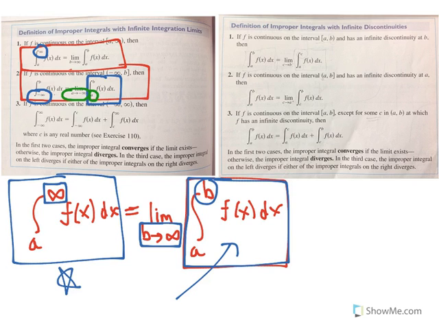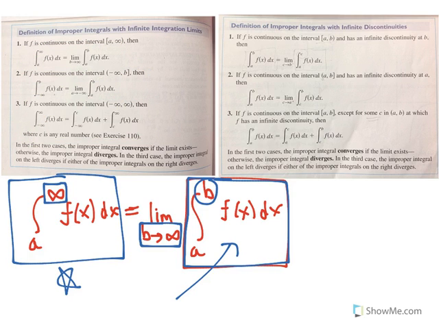And in the third case, you basically have a combination of the first two cases, where the lower limit of integration is negative infinity and the upper limit of integration is positive infinity. So how do you work with that? You basically put what we just did in cases 1 and 2 together.